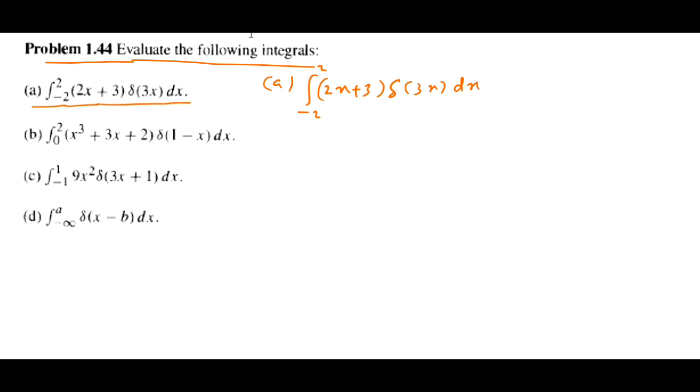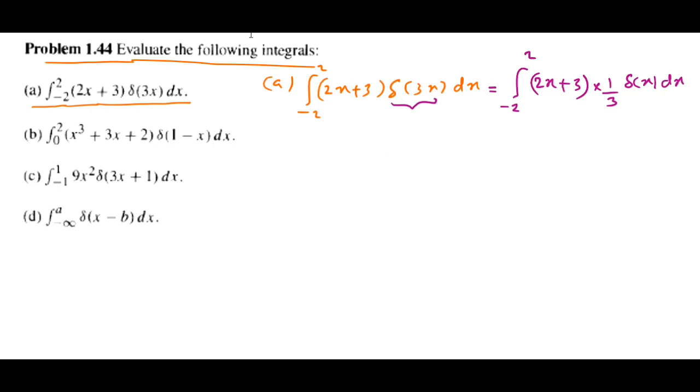Here we have to use that identity. I will rewrite this equation: minus 2 to 2, 2x plus 3, and here delta 3x should be written as 1 by 3 delta x, dx.